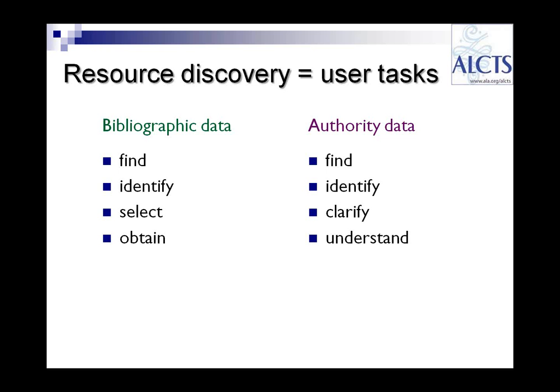They then have to look at that set and be able to distinguish between the various results and identify which ones are in fact going to be potentially useful to them. They then select the appropriate resource, and then they have to get hold of that content either by going to a shelf or by accessing it electronically. So we are familiar with all these tasks that our users do, but the user tasks formalize the vocabulary and define it, so that we're all using the same vocabulary. And there's a similar set of user tasks associated with authority data.